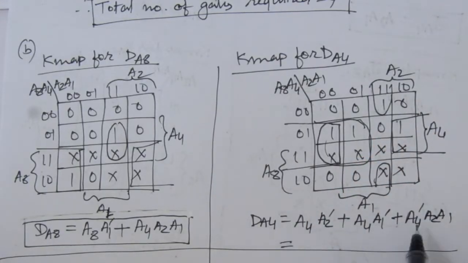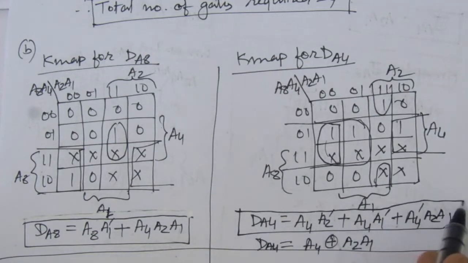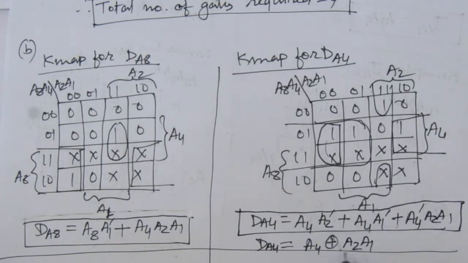If we further want to simplify it, if we take these two common, after simplification we'll get A4 XOR A2 A1. Okay, so DA4 is equal to this much. So suppose this is the AND gate and OR gate expression. Okay, so we can use this one also because this is the more simplified one.